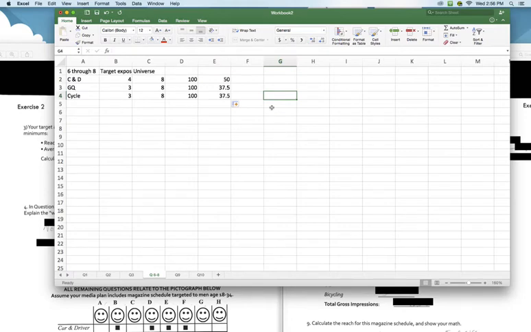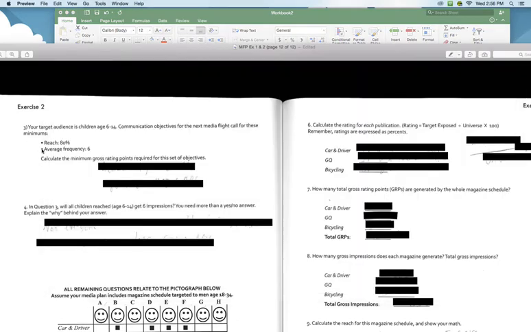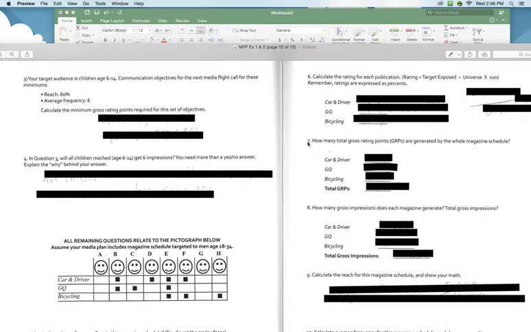Now, remember the conversion for ratings in particular to GRPs, because remember GRPs are gross rating points. So that means multiple opportunities to see them. When you're looking at question number 7 here, in terms of how many gross rating points, I think there were a few people that got mixed up in terms of saying that naturally GRPs should be more than the rating itself.